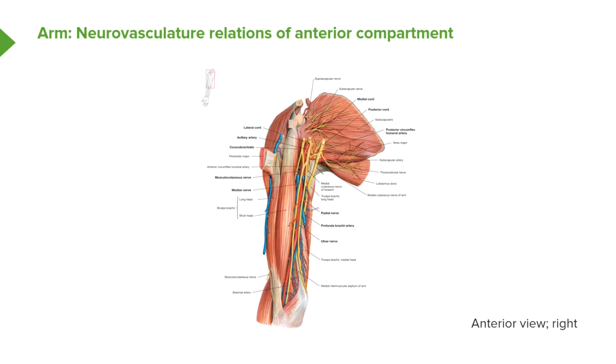If we look at the neurovascular relations of the anterior compartment, we can see in the diagram we've got our brachial plexus again. We can also see some important blood vessels and their neighboring nerves as they descend distally towards the elbow joint.